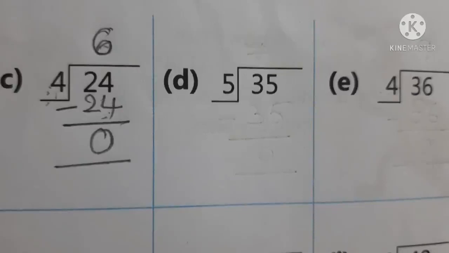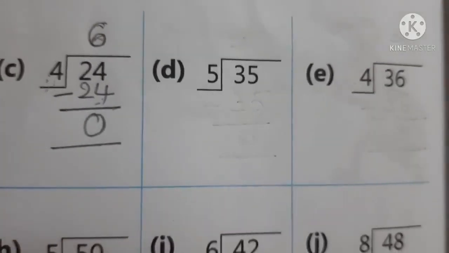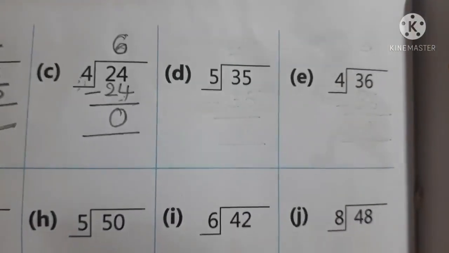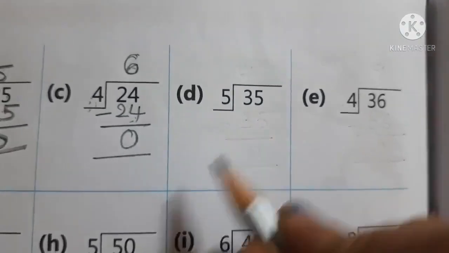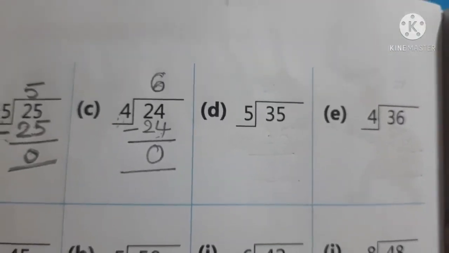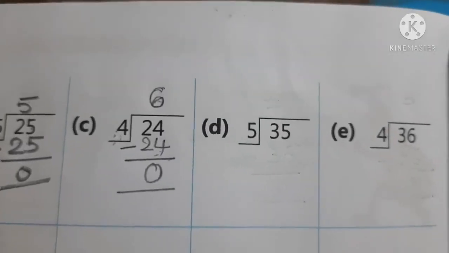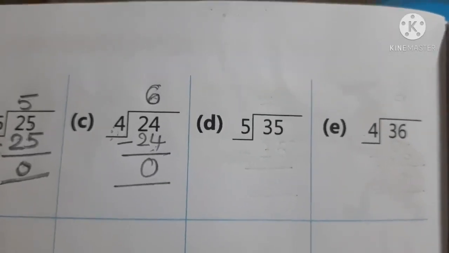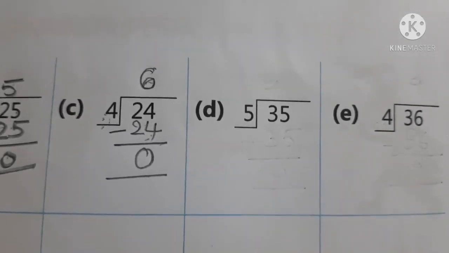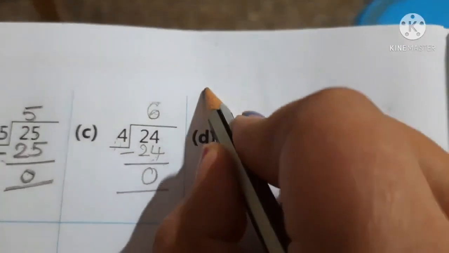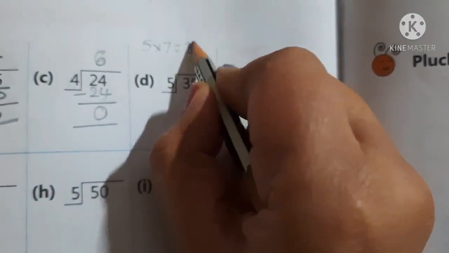Children, in page number 78, we have already done A, B, C divisions. Now let us do division D. The question is 35 divided by 5. So we have to revise the 5 table here. 5 1s are 5, 5 2s are 10, 5 3s are 15, 5 4s are 20, 5 5s are 25, 5 6s are 30. So 5 7s are 35.